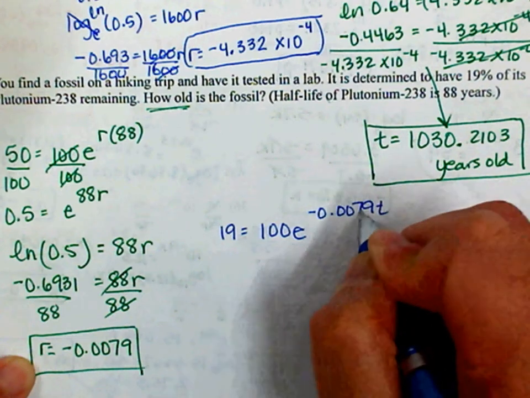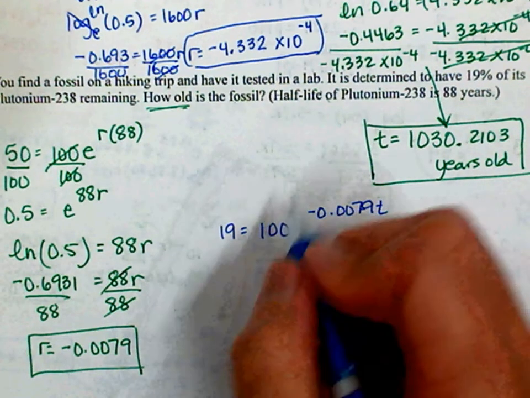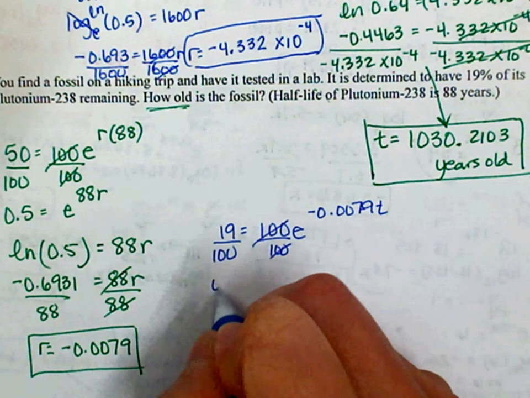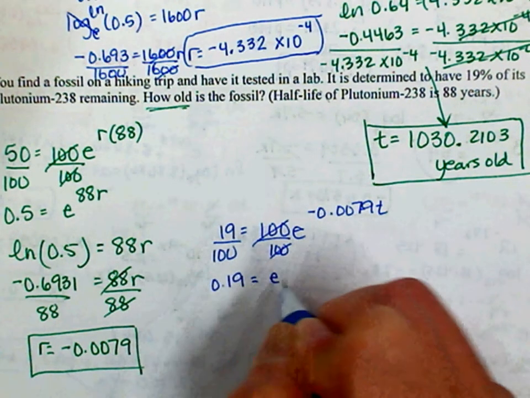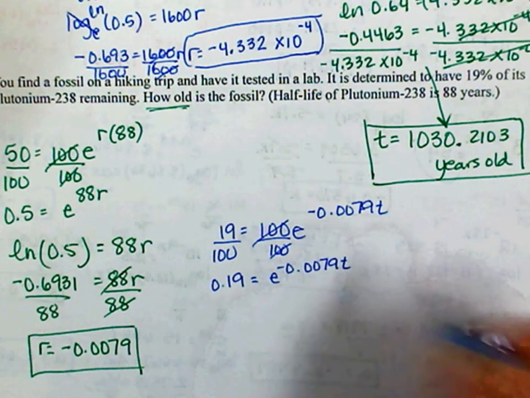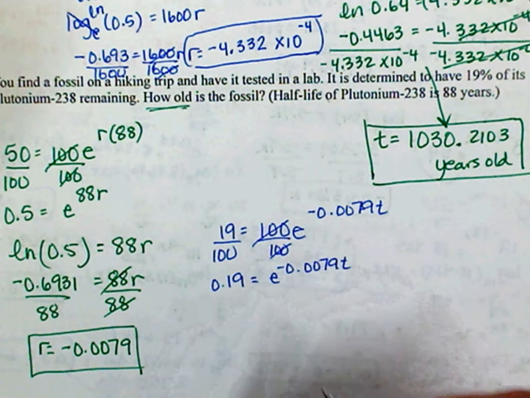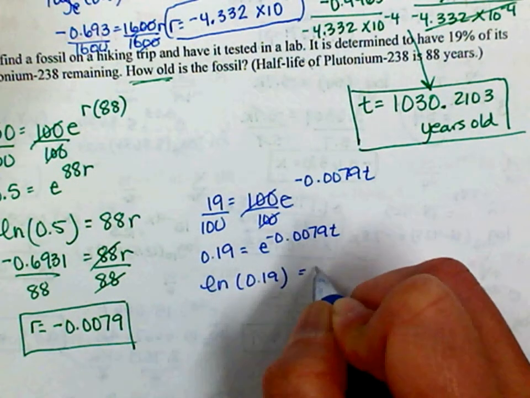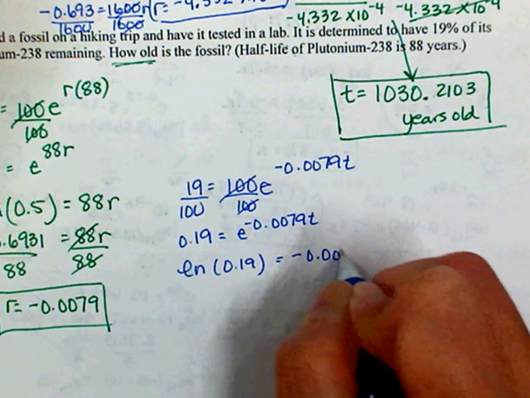Okay? Divide both sides by 100. So 0.19 equals E raised to the negative 0.0079t. E is your base, so I'm going to use natural log of 0.19. Bring down my exponent.